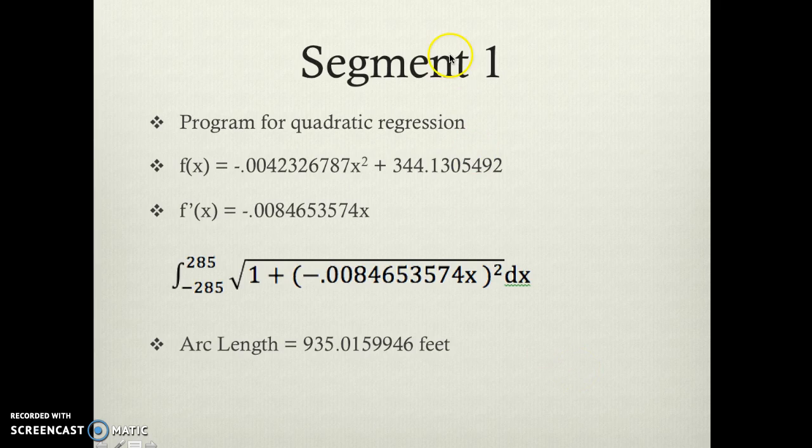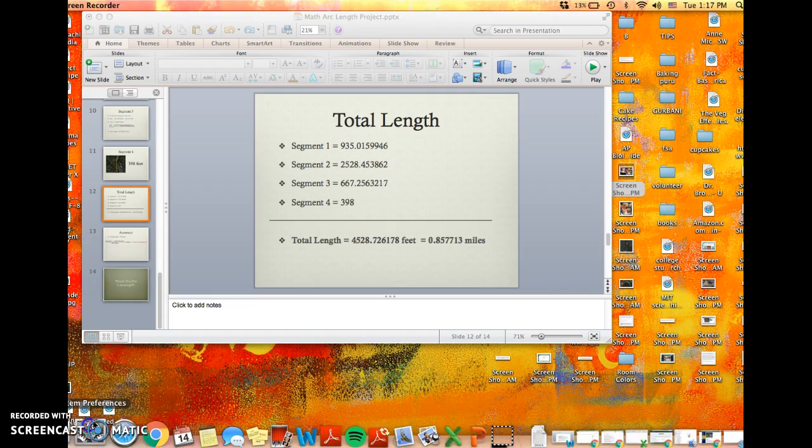And from these coordinates, I used a program for quadratic regression on my calculator to find the quadratic formula of these points, which is shown here, and is the most accurate it could get. And so after that, I found the derivative, which is this, and I plugged it into the arc length formula, which is here. And then I plugged that into my calculator, which gave me the length of the arc, which is about 935 feet.